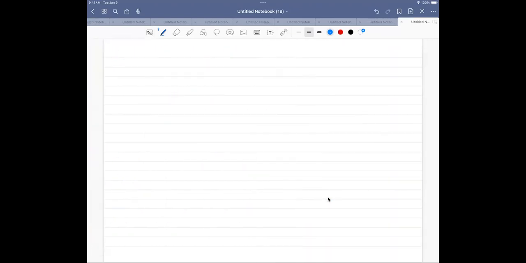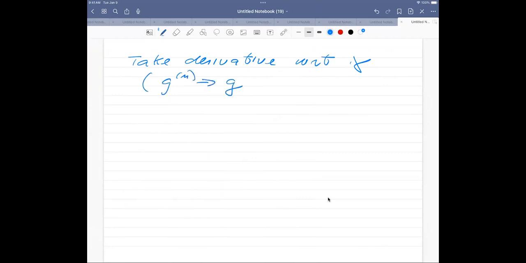So what you get then, when you take the derivative with respect to gamma of that expression, and now I'm just going to introduce some shorthands. So I'm just letting the gradient at iteration n be given by g. And then I also let the second derivative at iteration n just be replaced by h.